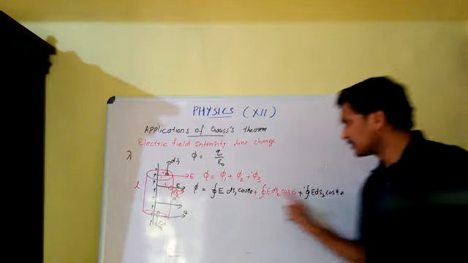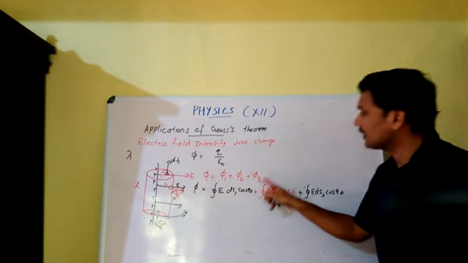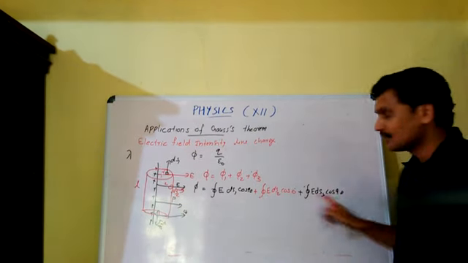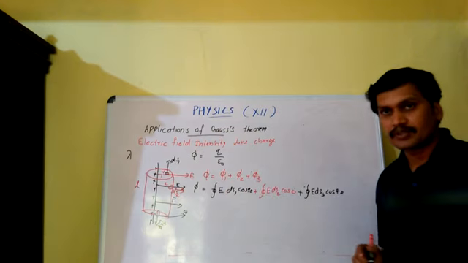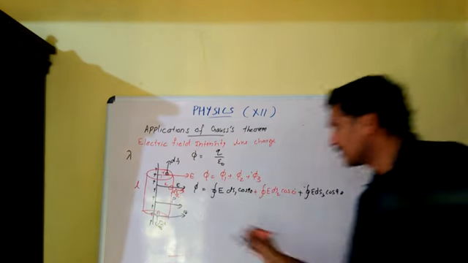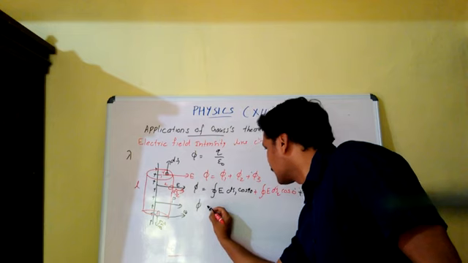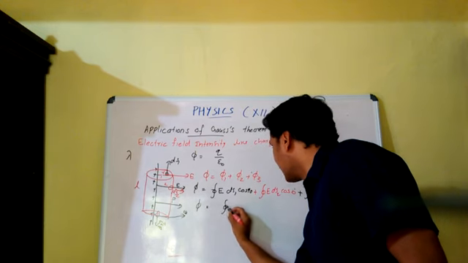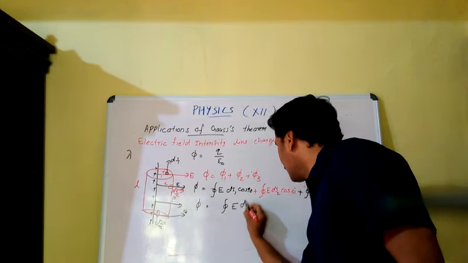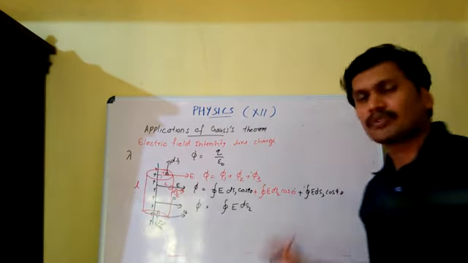As cos 90 is 0, the terms phi 1 and phi 3 come to 0. Now the total flux is equal to only the surface integral of E into ds2, and cos 0 is 1.